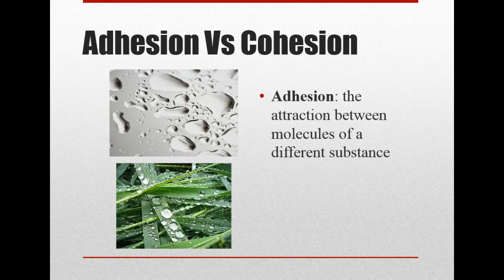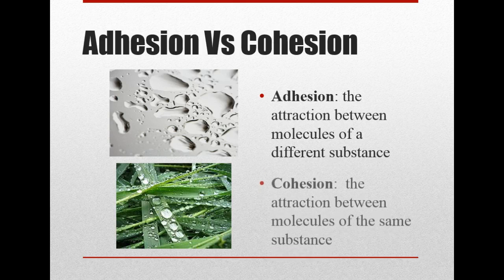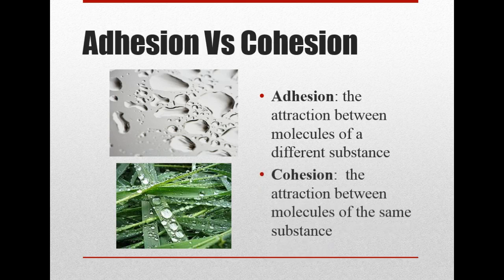If you take a look here, we have a windshield in water and we have a blade of grass in water. The attraction is between the water and the windshield, two different substances, and the water and the blade of grass, two different substances. On the other hand, we have cohesion. This is the attraction between molecules of the same substance. So water molecules sticking to other water molecules.